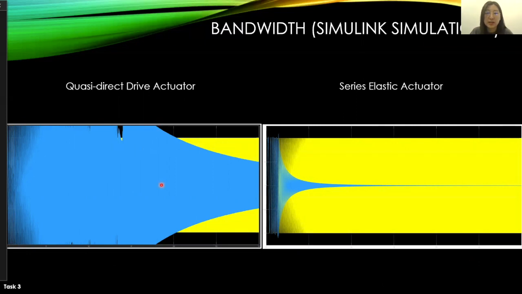At about 20 seconds, the system started to attenuate, and it can no longer accurately predict the input frequency. But for the series elastic actuator, at about 4 to 5 seconds, the system already started to attenuate, meaning that it cannot accurately detect the input signal anymore.